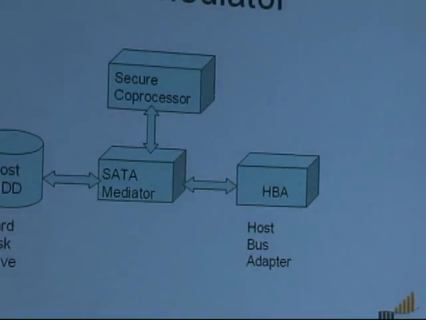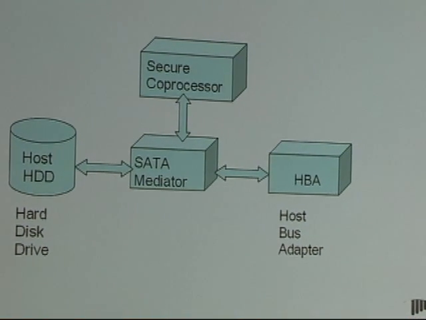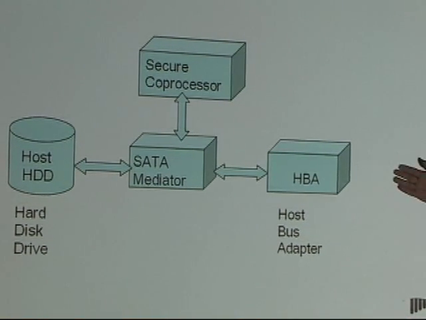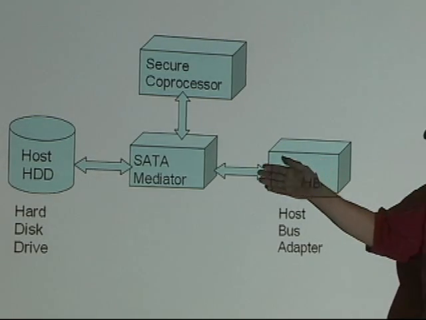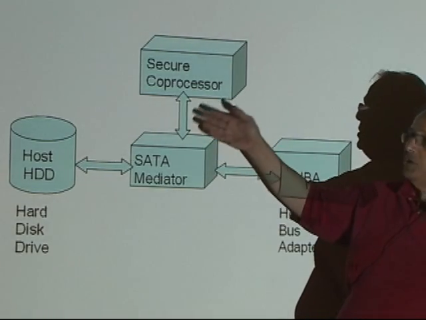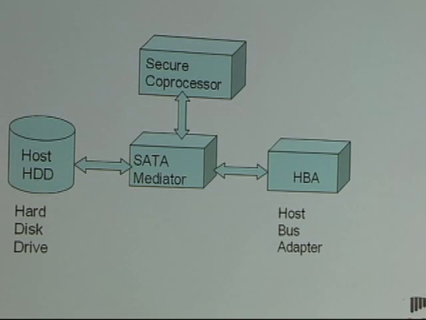In effect, the SATA mediator is loaded up with sectors that are not to be written to. When an attempt is made to write by the malware, it hits the host bus adapter, gets to the SATA mediator, and it matches a protected sector. And then it is up to the users of this system what they decide to do with that event.